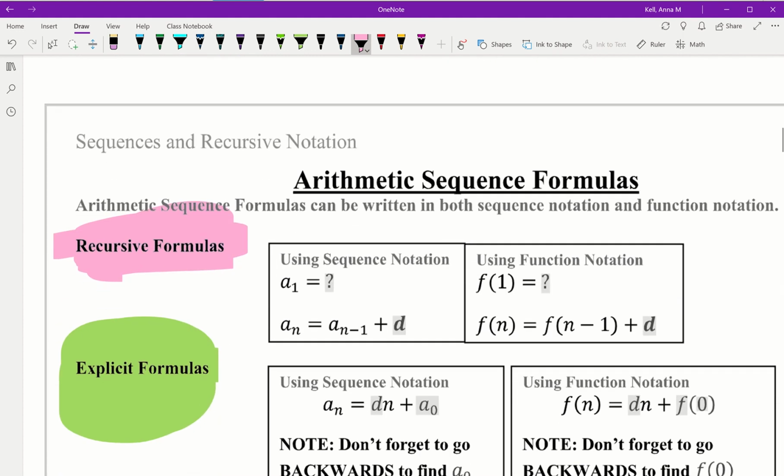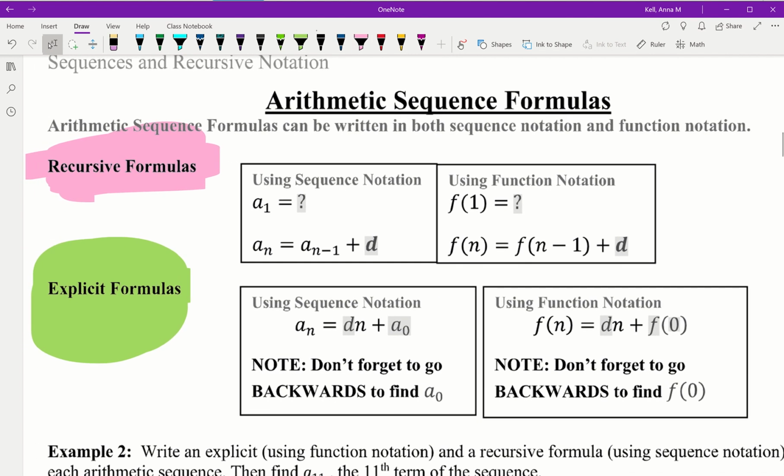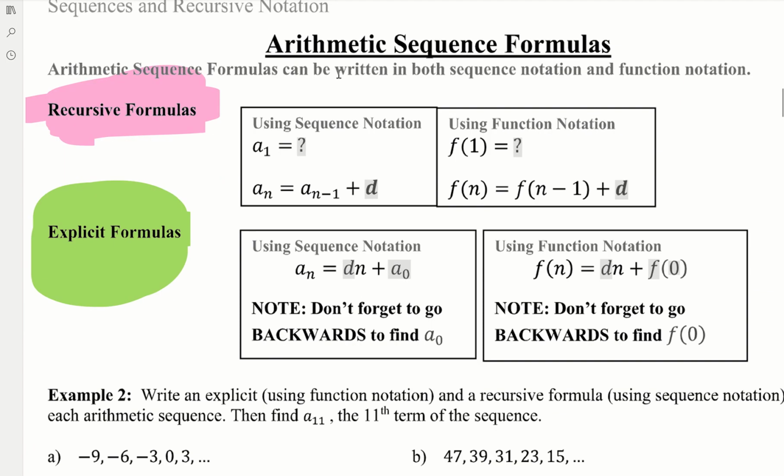Okay, so let's go ahead and look at how we put this into the formula. What we're going to focus on today is looking specifically at these two boxes.